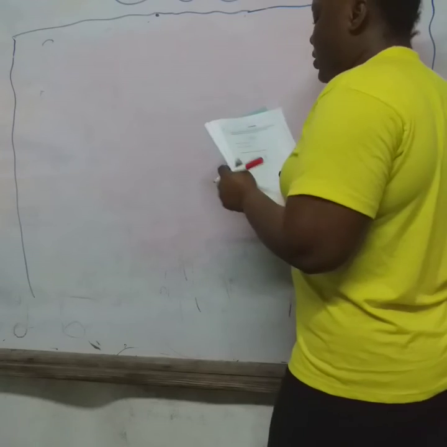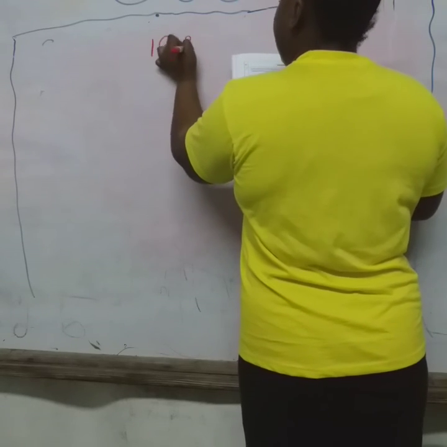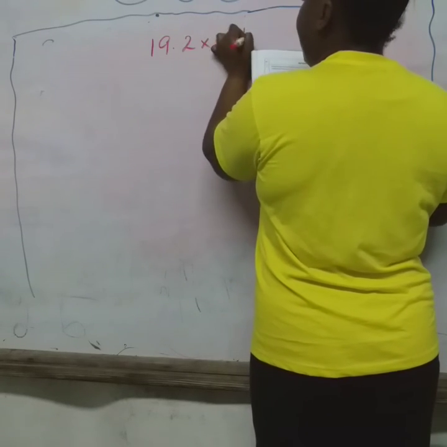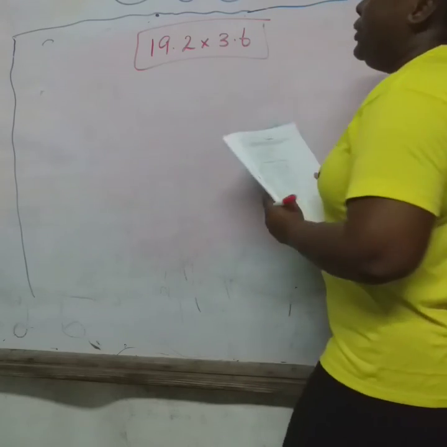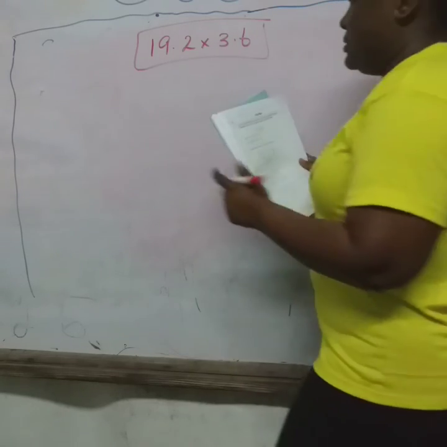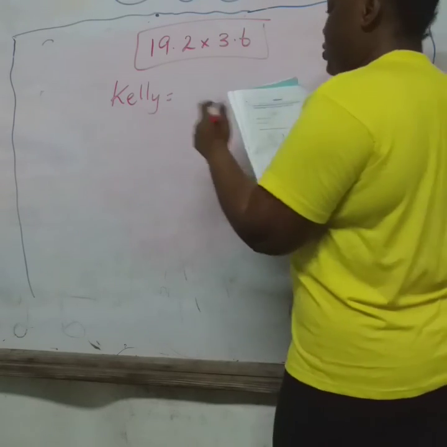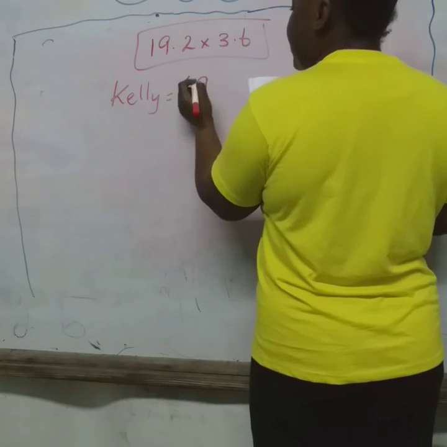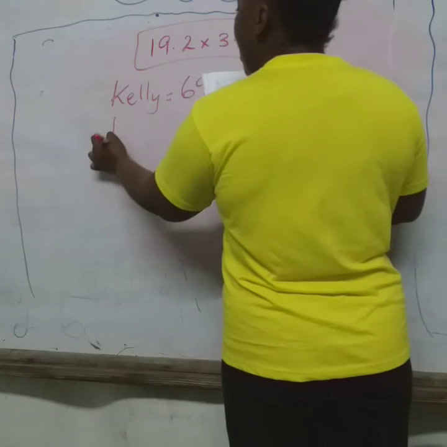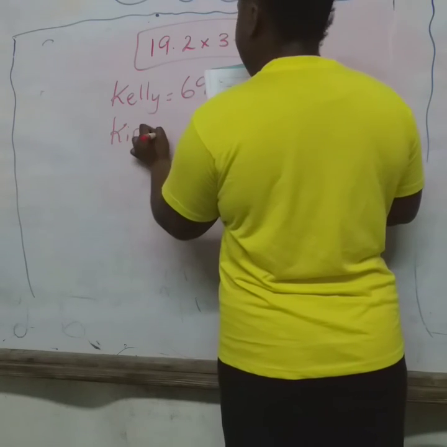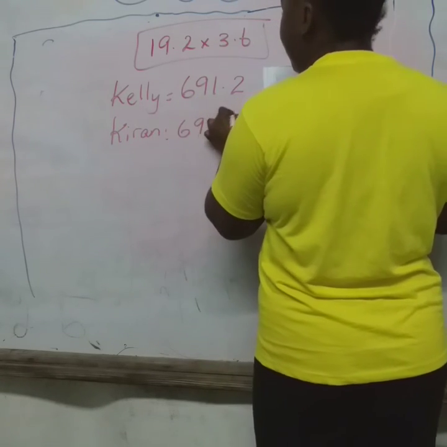Right, so in this question, this calculation is given to two students: 19.2 multiplied by 3.6. Kelly did the multiplication and she got 691.2, while Kieran did the calculation and he got 69.12.